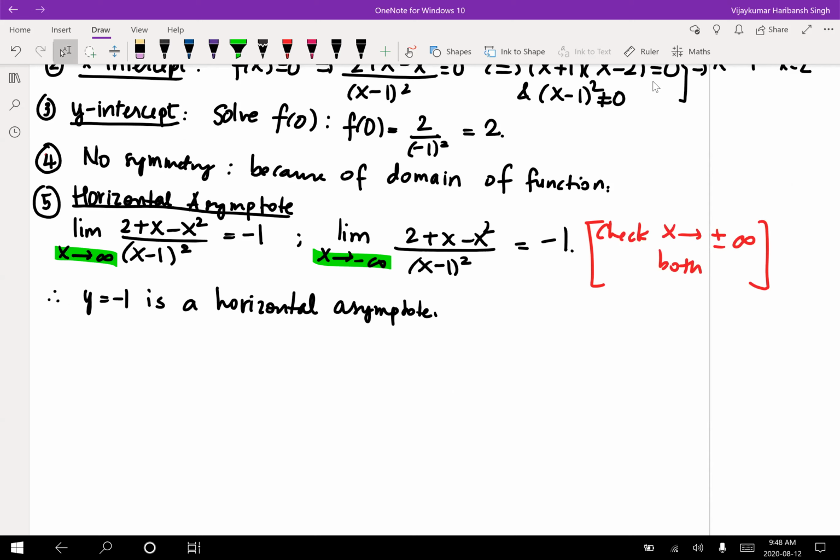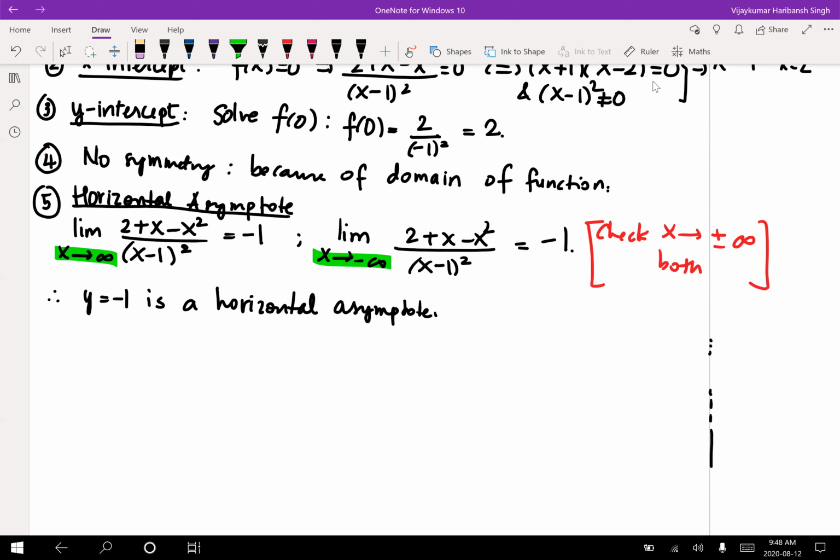Right. So now the question is, suppose you have an asymptote like that, y equals 1. Does it approach from the top to 1, or does it approach from the bottom to 1? Yeah, so we need to decide on that as well, right?